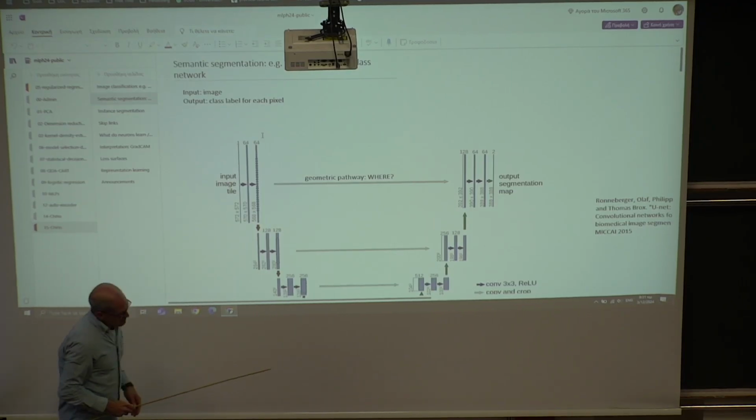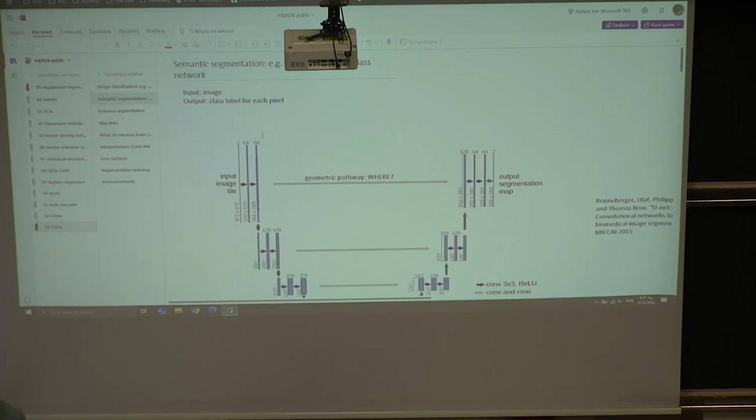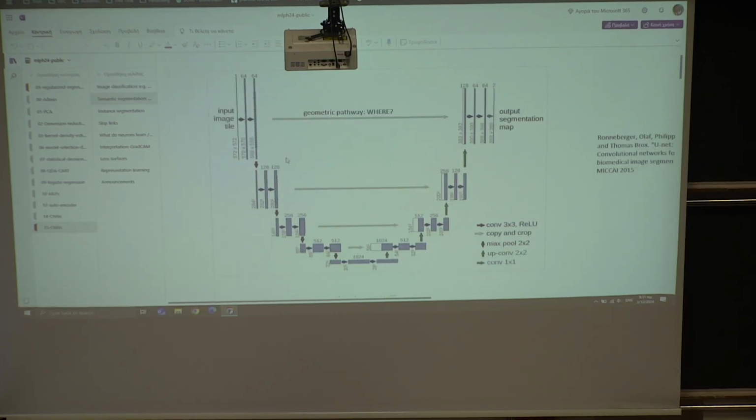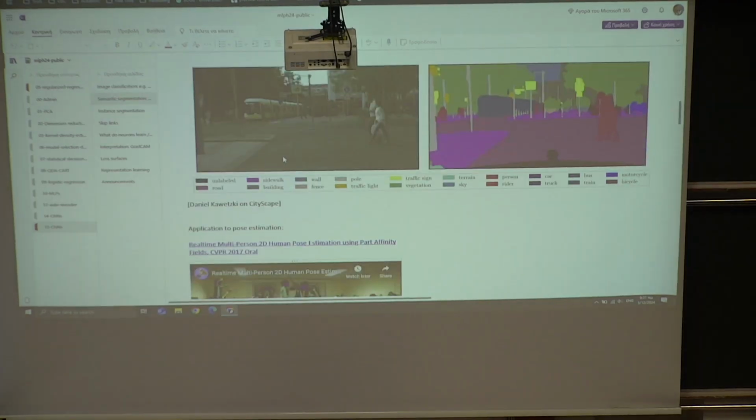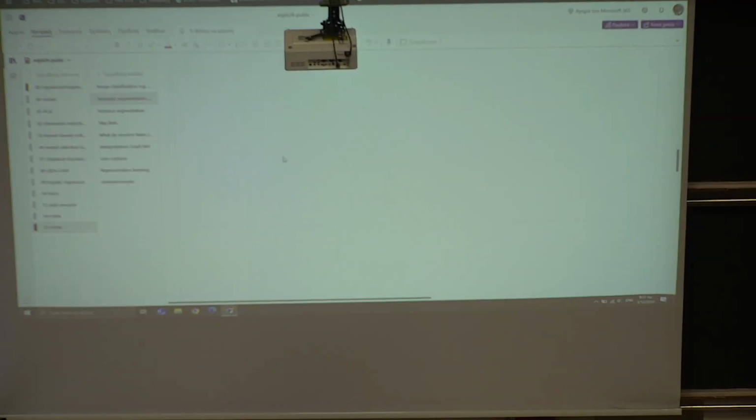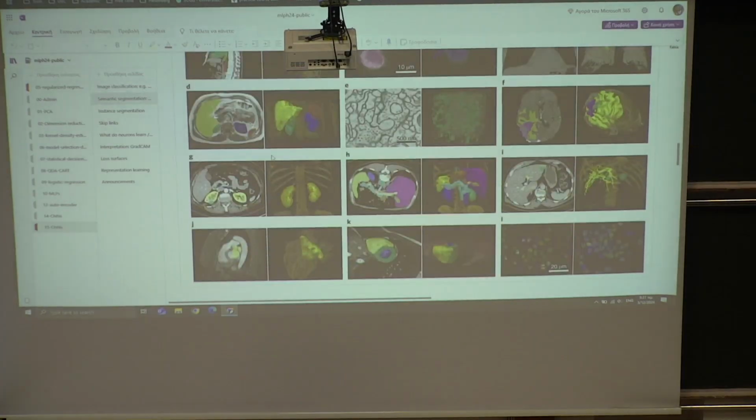And this is used a lot in, for example, medical physics. I'm showing a few pictures here.